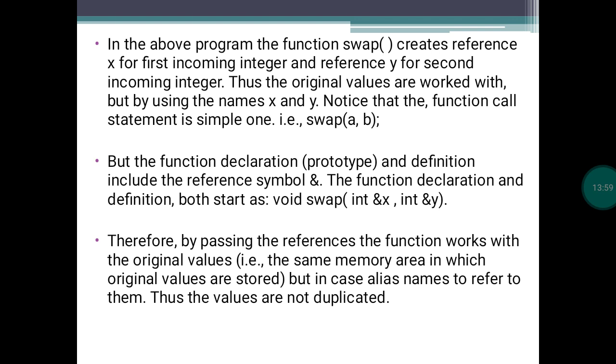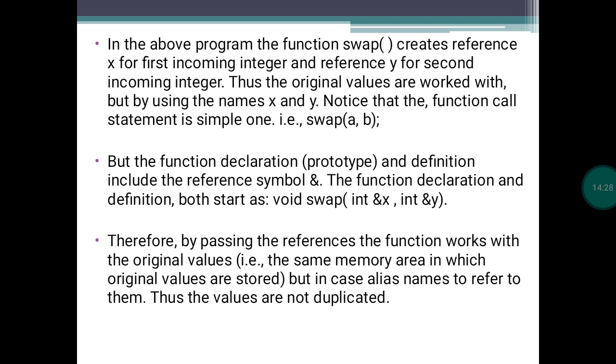Now see the explanation about this program. In the above program, the function swap creates the reference x for the first incoming integer and reference y for the second incoming integer. Notice that the function call statement is simply swap AB.